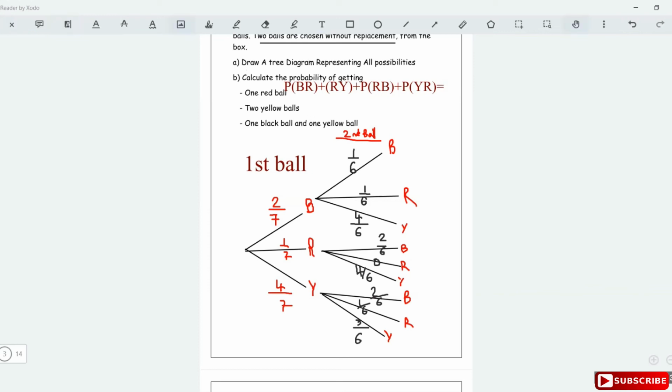Now, let's write that on the white screen right here. So the probability of getting a red, in this case, is 2/7 times 1/6.